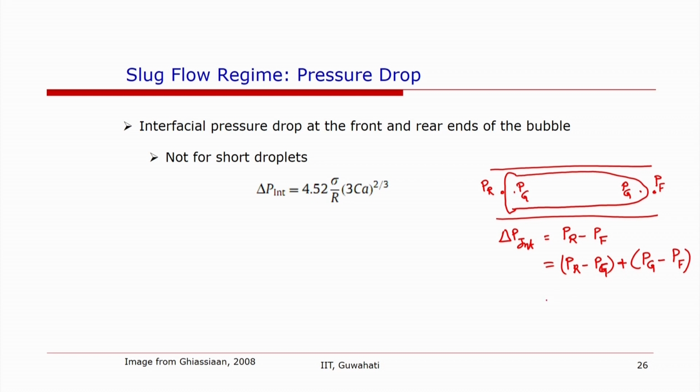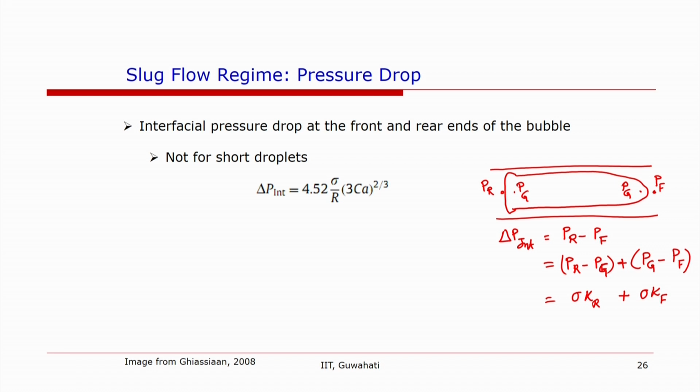So we can give that the pressure drop at the front is 2 sigma, or one can have this as sigma kappa at the front, and this is sigma kappa at the rear.